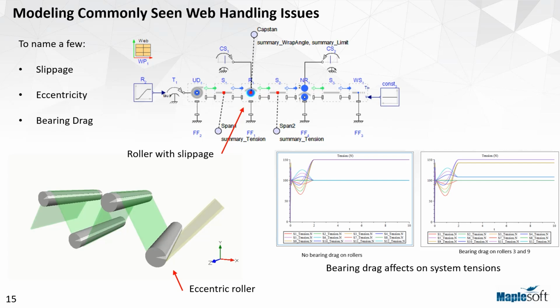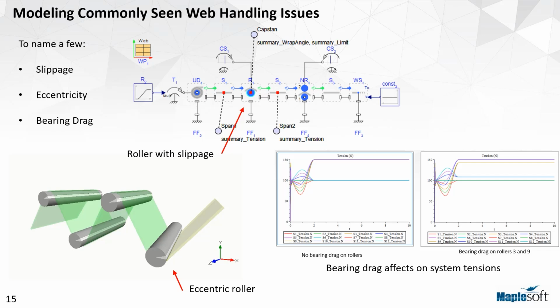So slippage is when the web slips over the roller, or the roller slips under the web. And then eccentricity is when you have a roller that is mounted slightly off center of its axis of rotation, or you have hardware that has a parasitic eccentricity to it. And then lastly, we have bearing drag.